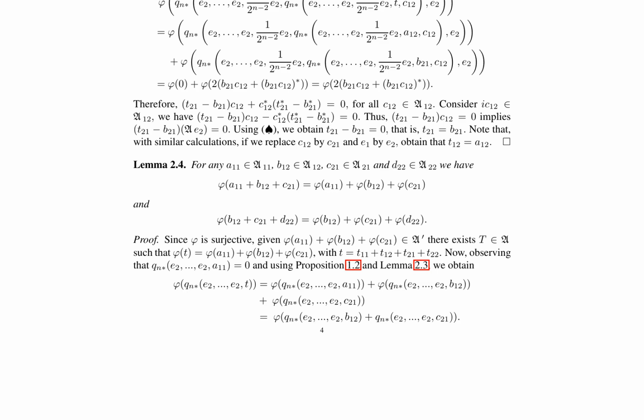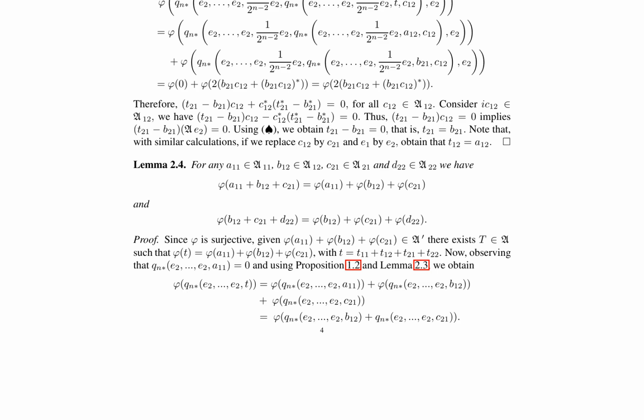Finally, lemma 2.4 is stated, which asserts that phi(A11 + B12 + C21) equals phi(A11) + phi(B12) + phi(C21), and phi(B12 + C21 + D22) equals phi(B12) + phi(C21) + phi(D22), for any A11 in A11, B12 in A12, C21 in A21, and D22 in A22.